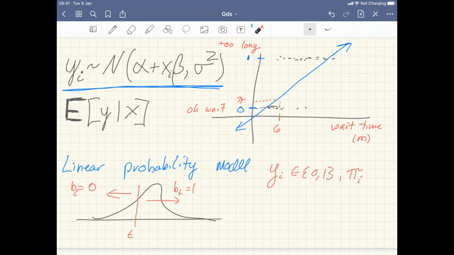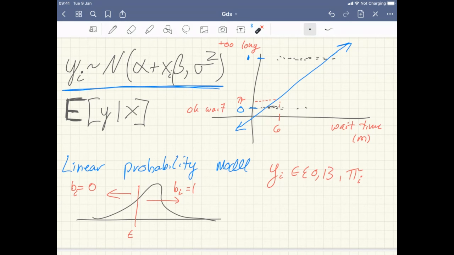I'm just using it to represent an unknown quantity that tells us the probability that y is 0 or 1. Okay? So we use pi because in statistics we tend to use Greek symbols to represent unknown quantities.